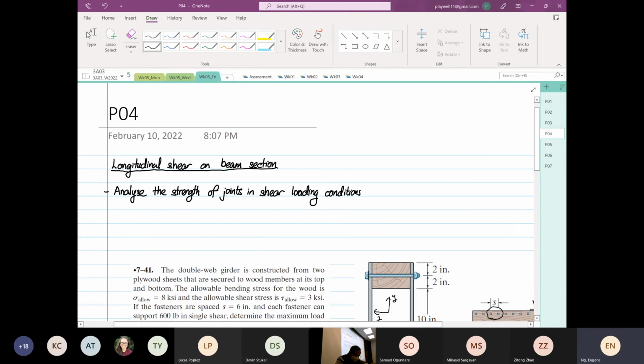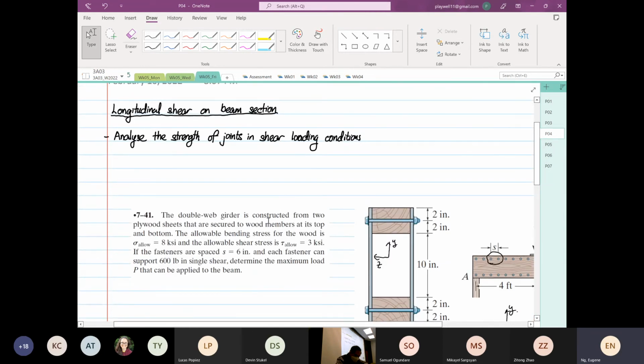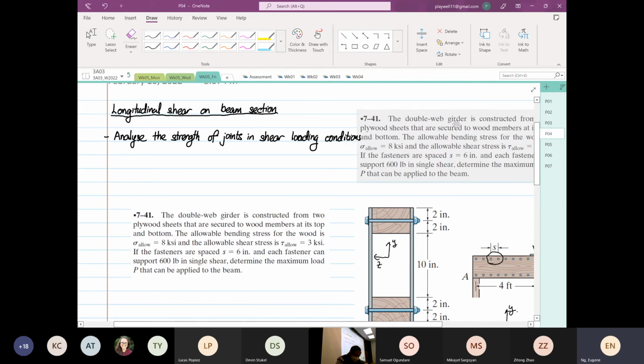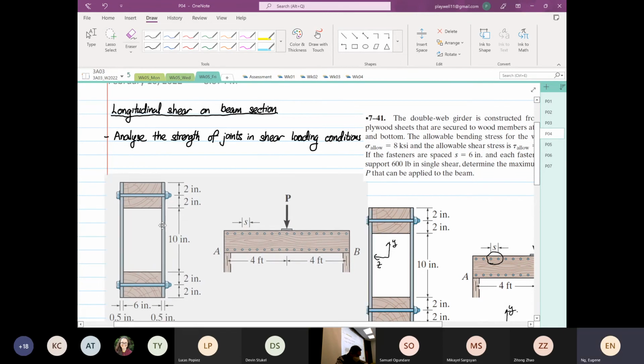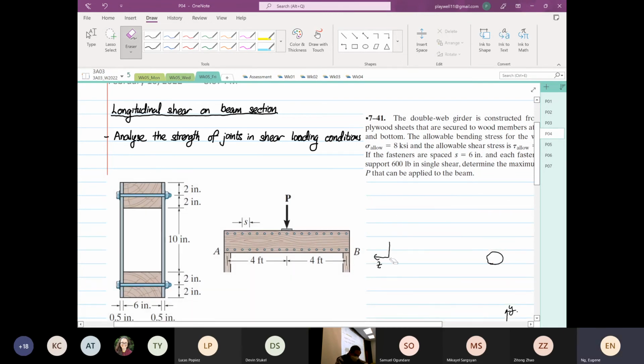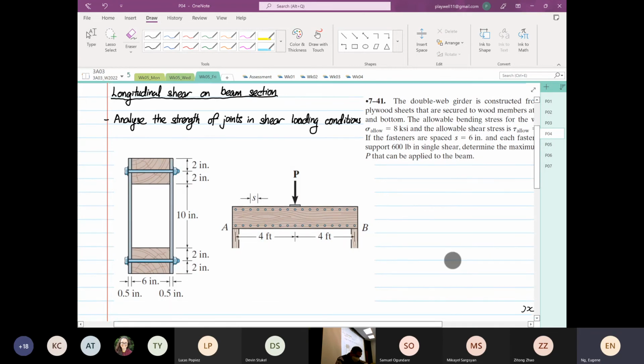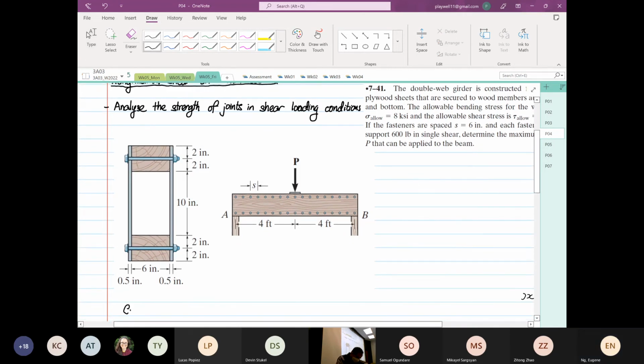Okay, I do apologize. I'm going to move this away. I'm going to use this diagram. And as you can see, like what I mentioned earlier, this is our cross-section view. If failure is going to occur, where will failure occur? Here, at the joints.